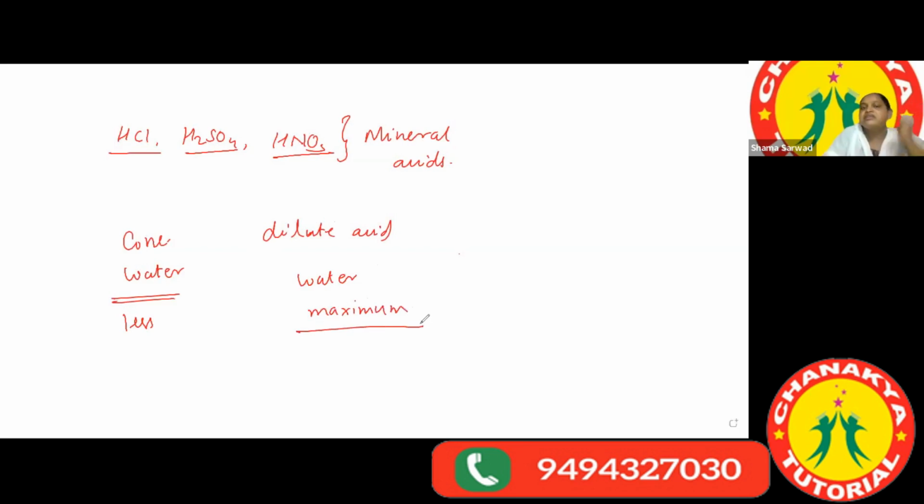So concentrated acid can be converted into dilute acid by adding water.